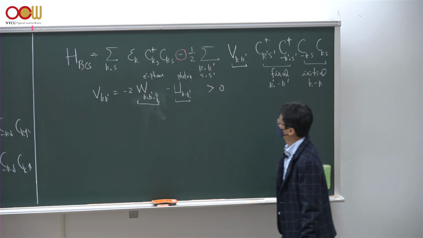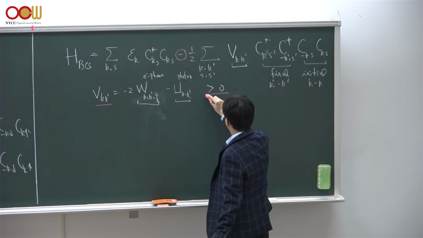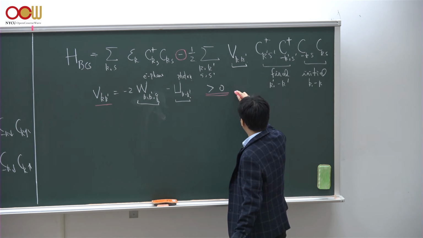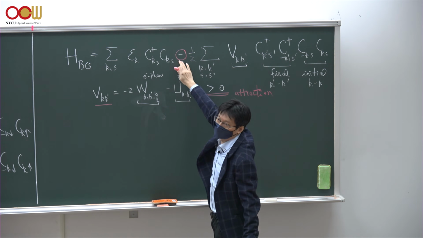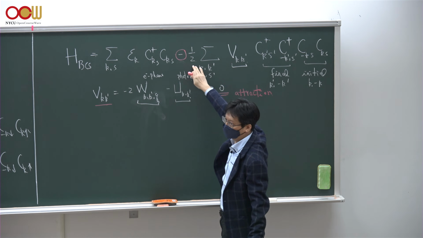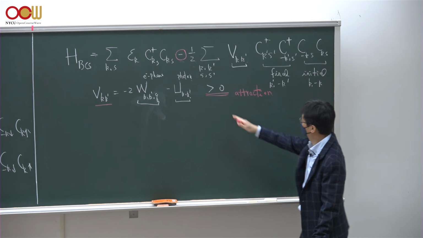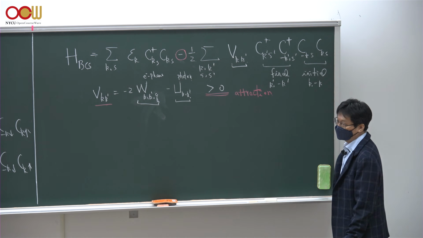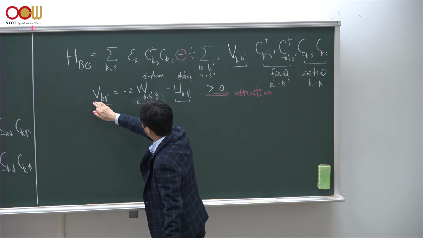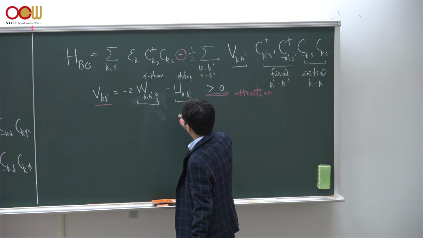Therefore, the magnitude of V_kk' must be positive to guarantee that this is an attraction, because there's an overall minus sign here. And the factor of 1/2 here is to avoid double counting when you sum over both k, k' and spin indices. Inside this matrix element V_kk' is a sum over these 2 interactions.